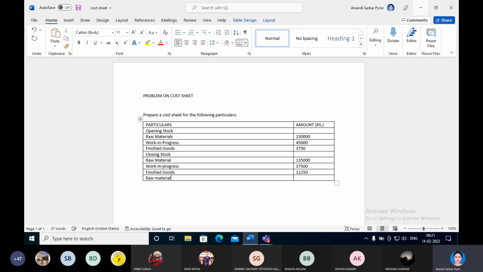Raw materials purchased during the year 3,75,000.